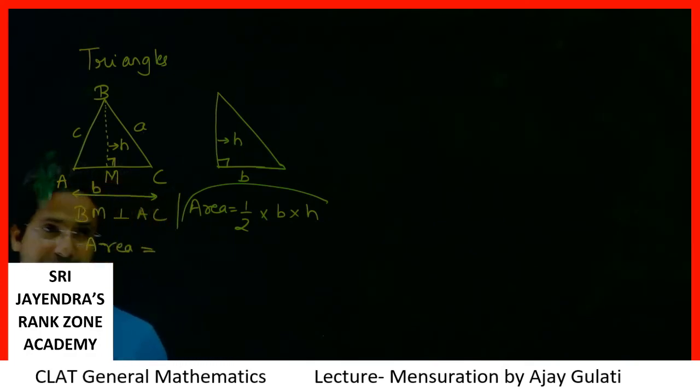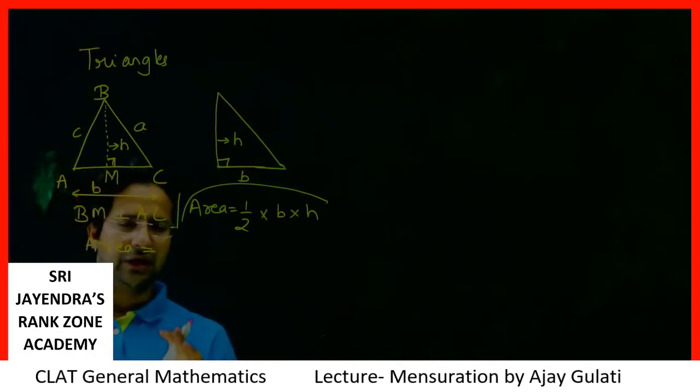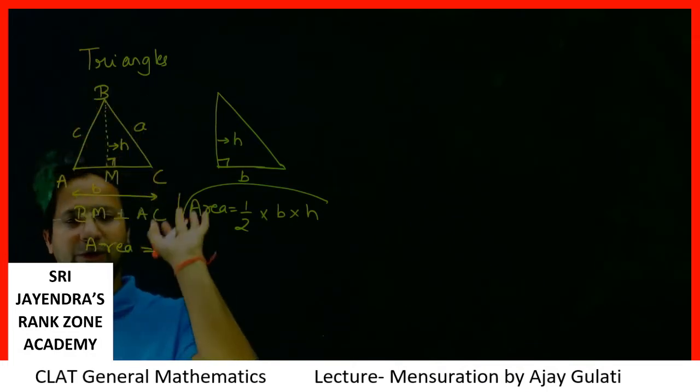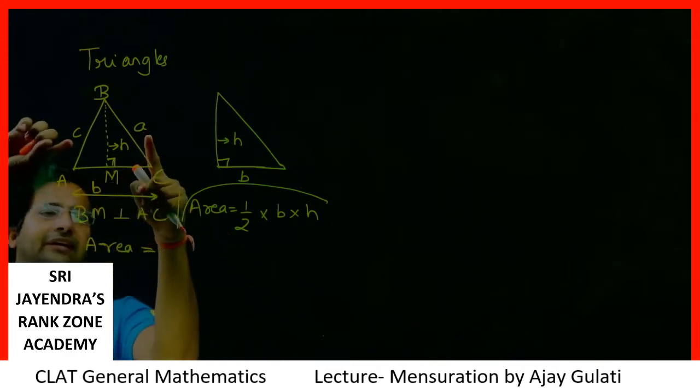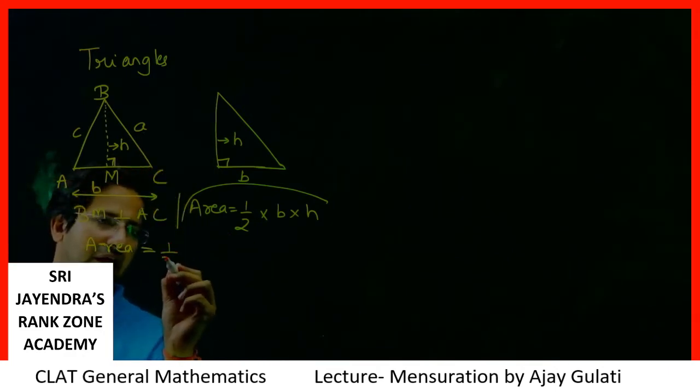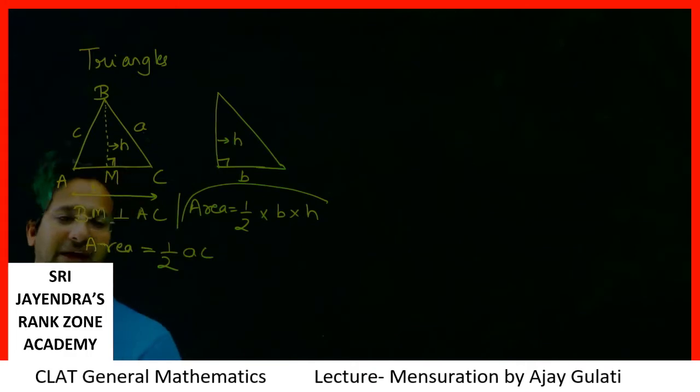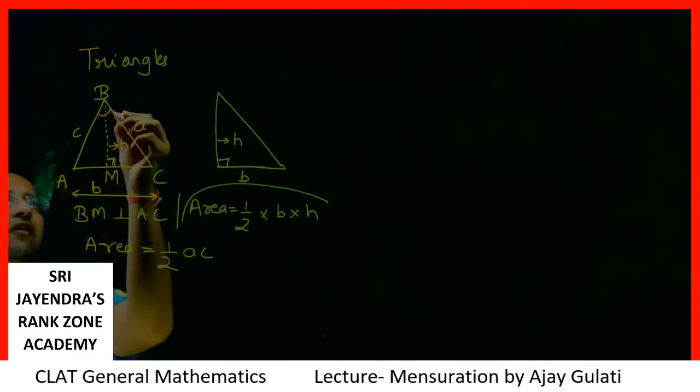Area of a triangle. See, students, should I draw another figure? You take any two sides. If you take any side, let's say A and C, that is half A multiplied by C into the sine of the angle between them.